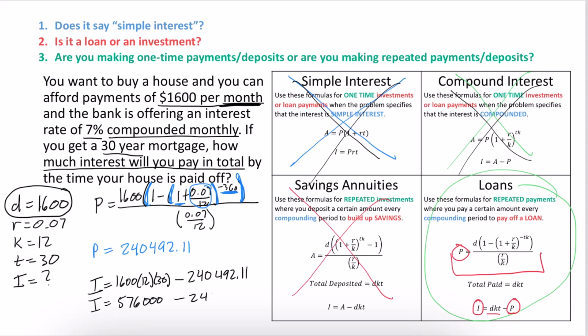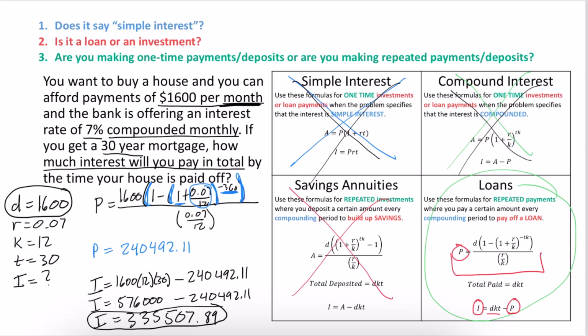And so you subtract that amount to see how much interest you ended up paying. I'll take that number, subtract $240,492.11, and that tells me that my interest is $335,507.89. And so that would be the answer to the question that was asked here.